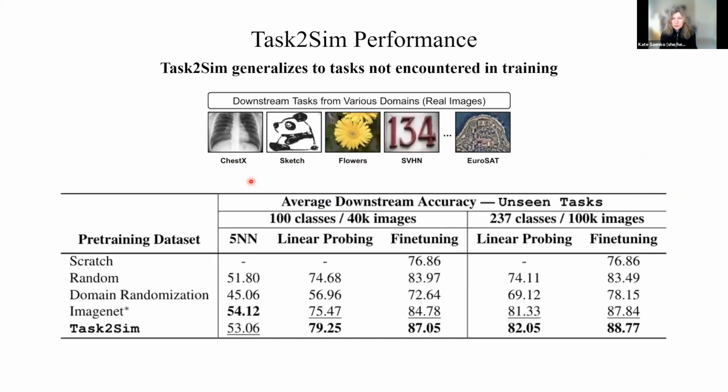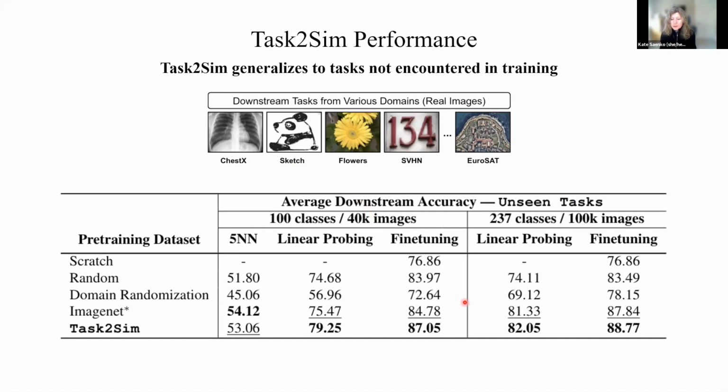Okay. So again, just briefly, I'm not going to go into a lot of detail, but we evaluate how well this synthetic pre-training generalizes to tasks not encountered in training Task2Sim. So we split our tasks into seen and unseen tasks.